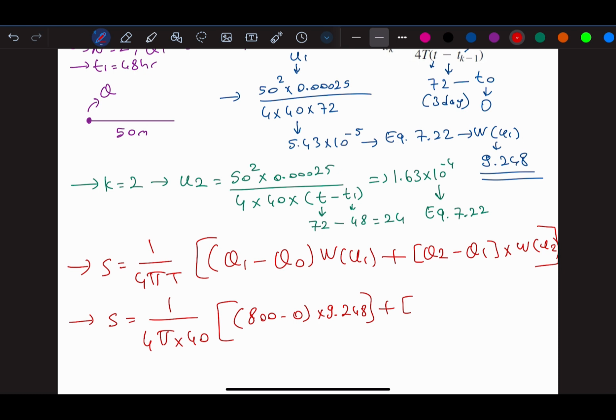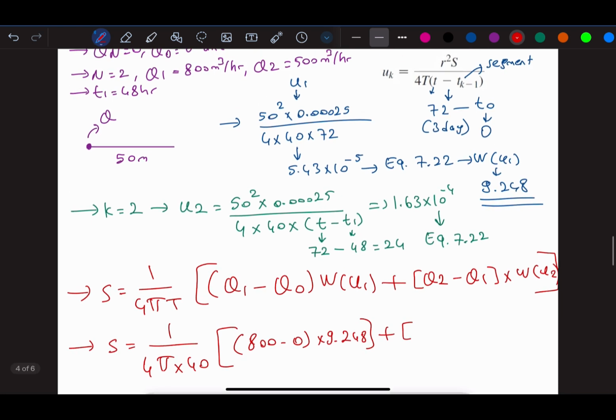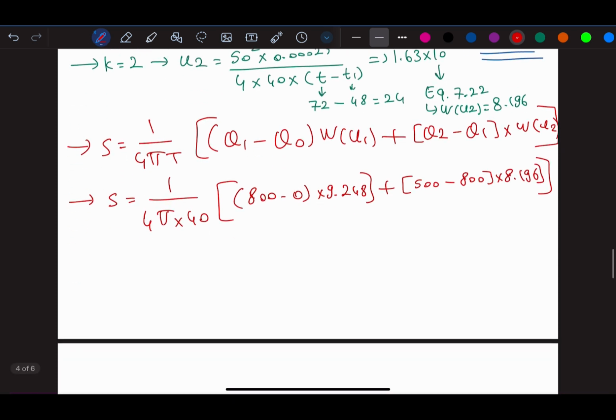And here Q2 is 500 and Q1 is 800, times, sorry, I didn't write this. The well function for U2 is actually 8.196. So we will have this value here. Okay, so finally we can get 9.83 meters.